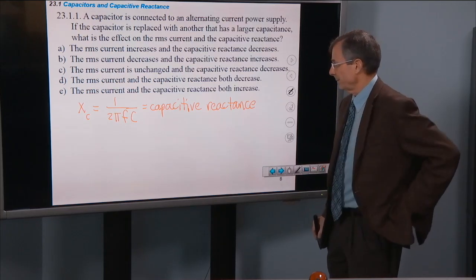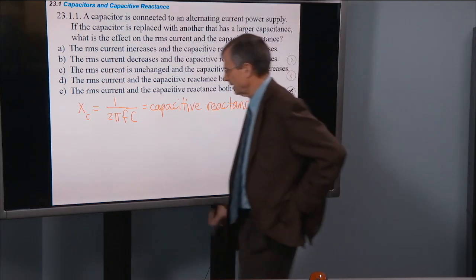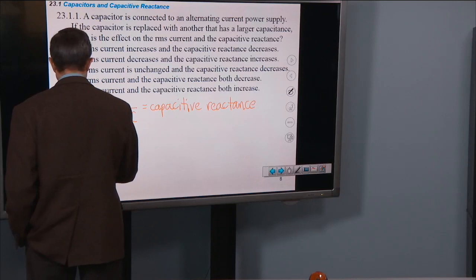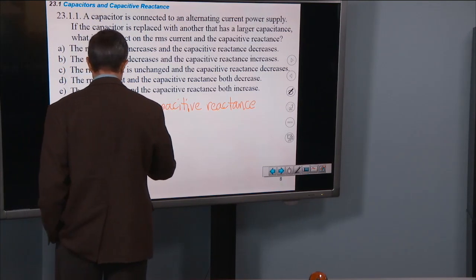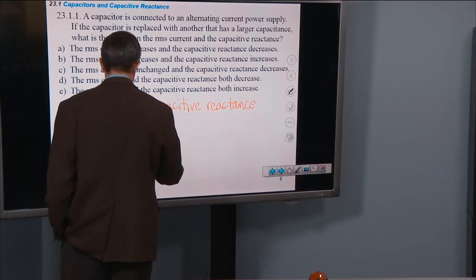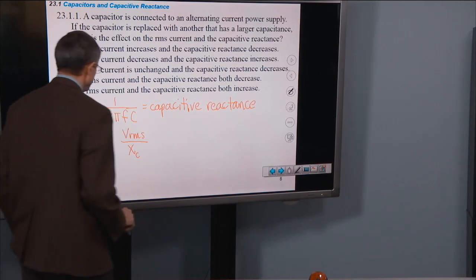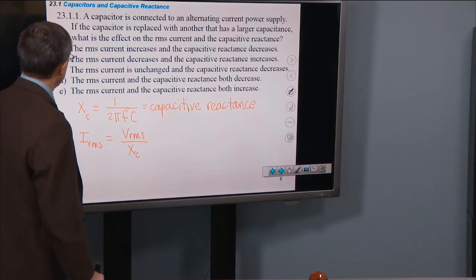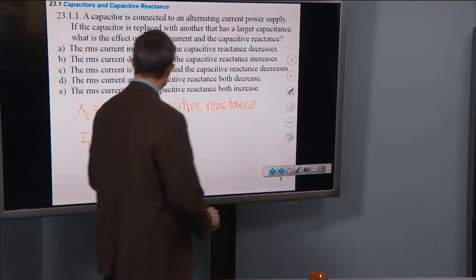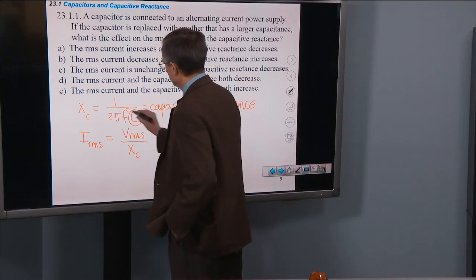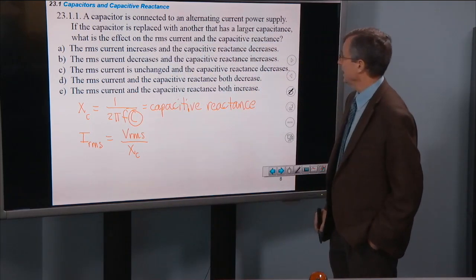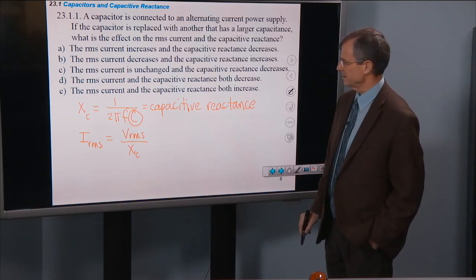All right, and we also worked out what the current should be. Worked that out on the last slide. And now we're asked, what happens if we replace the capacitor with another that has a larger capacitance?